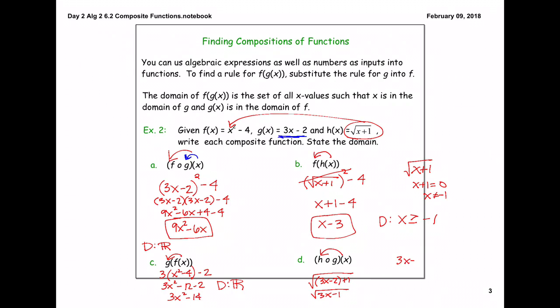When we set 3x minus 1 equal to 0, subtract our 1, add our 1, divide by 3, we get 1/3. But when we set our original h of x equal to 0, we can't have x equal negative 1. So our domain, again, would be all the values where x is greater than or equal to negative 1.